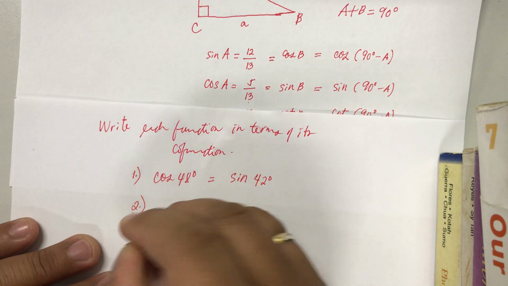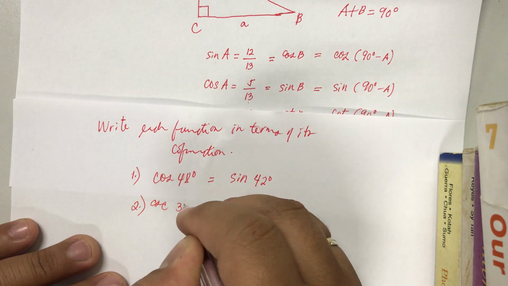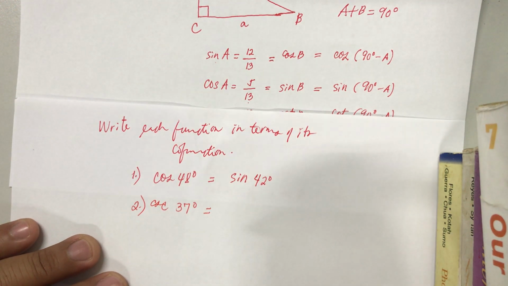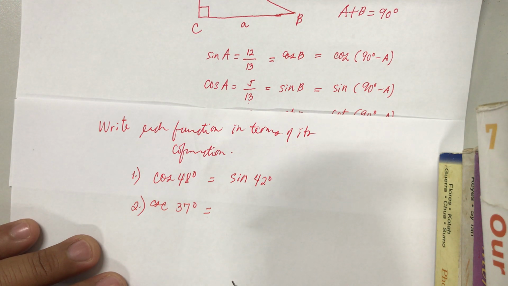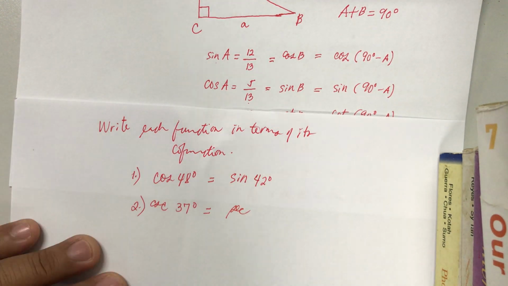Next. If you are given cosecant 37 degrees, how do you write cosecant 37 degrees in terms of its cofunction? The cofunction of cosecant is secant. Secant, cosecant.